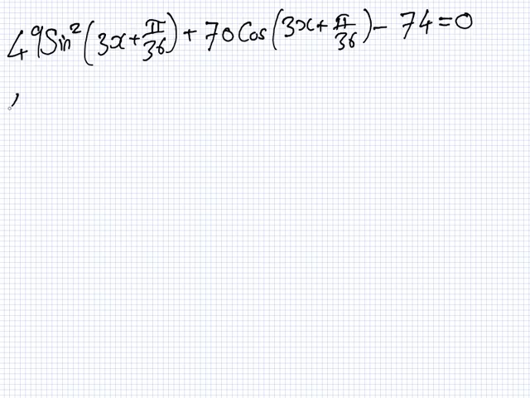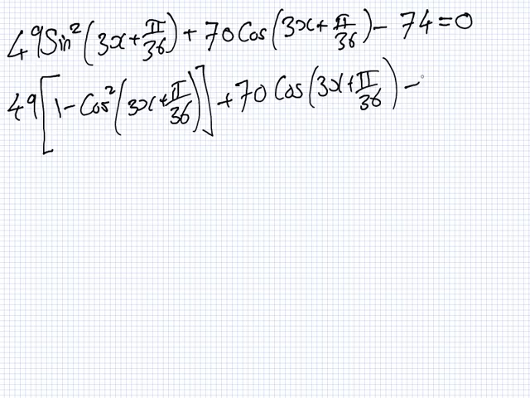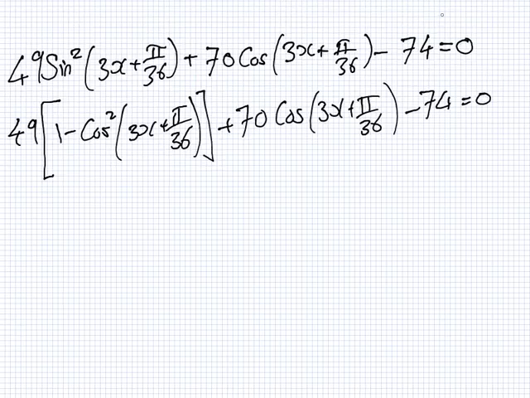So this becomes 49 (1 minus cos squared (3x plus pi over 36)) plus 70 cos (3x plus pi over 36) minus 74 equals 0. Oh, I forgot to say about the x at the start. It's between 0 and 2 pi. Okay, we'll simplify this.